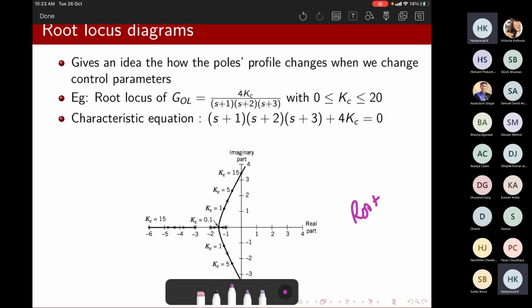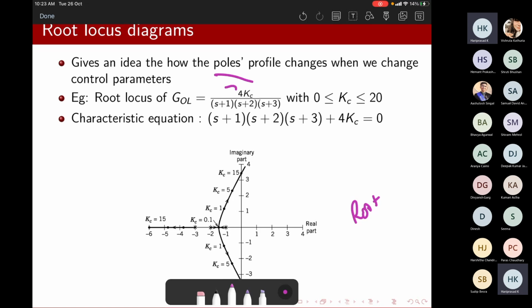The root locus diagram is nothing but the profile of the roots of the characteristic equation, which are essentially the poles, and how they vary with respect to a parameter in the equation.